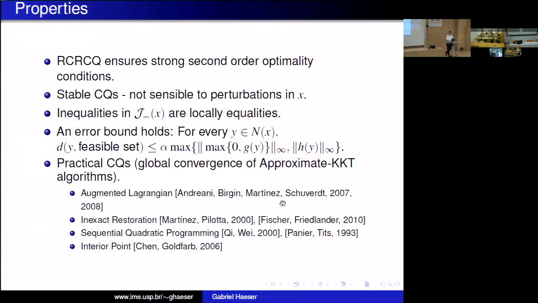So this immediately gives convergence to a KKT point under this weak condition. Okay, so the approximate KKT condition is a key concept here in practical implementations. If you have an algorithm that generates this kind of point, then you can connect it nicely with constraint qualification using these ideas.